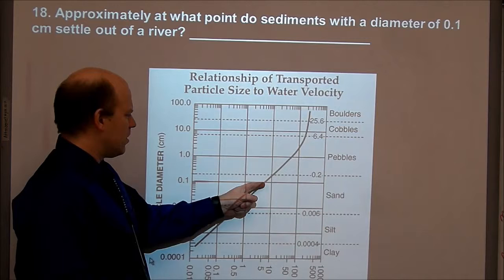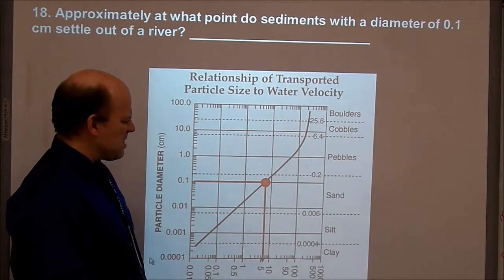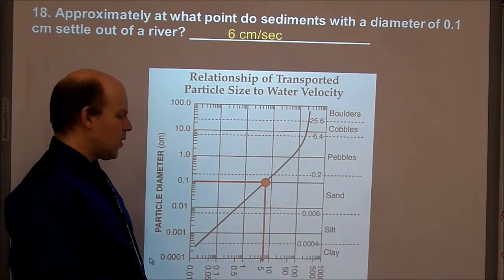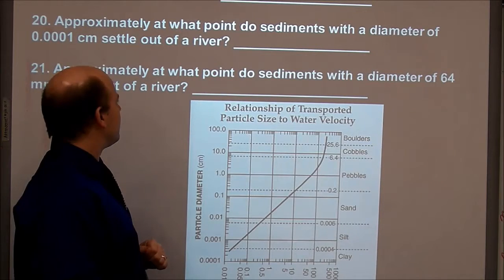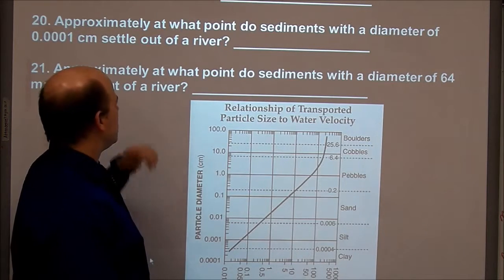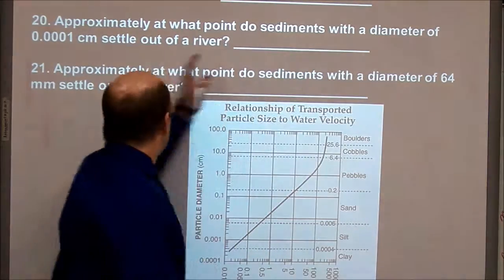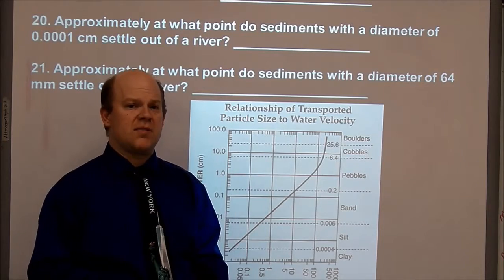I come over, I go down, and I see that it's about 6 centimeters per second. So that means you need to do 19 and 20, and 21. But be careful because 21 is listed in 64 millimeters, not centimeters, so you'll have to convert from millimeters to centimeters.